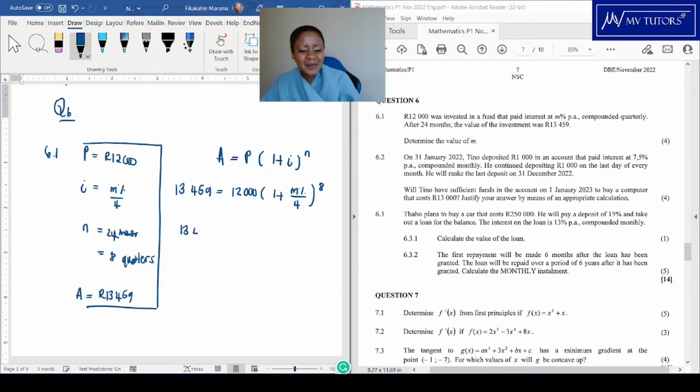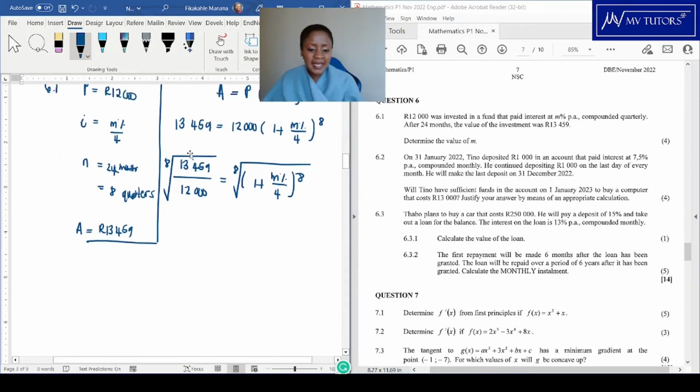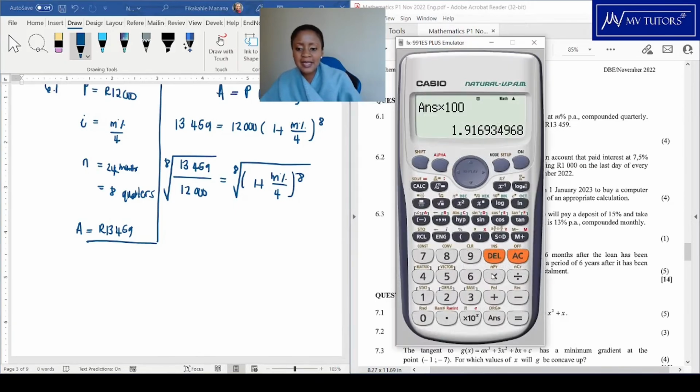So let's do some maths gymnastics. If we want to get rid of the exponent 8, we're going to take the 8th root. This is where our calculators come in.